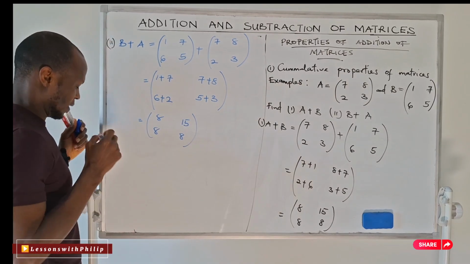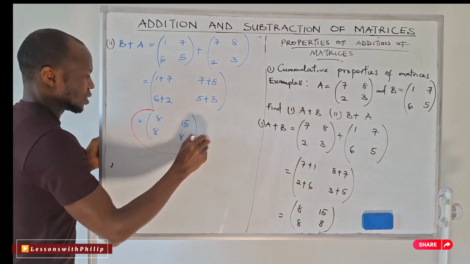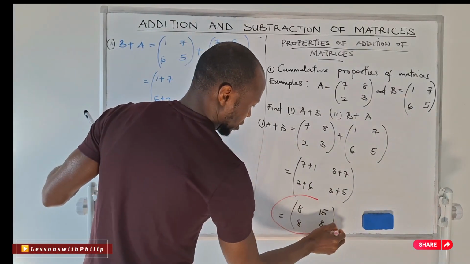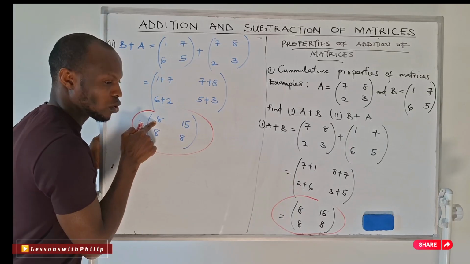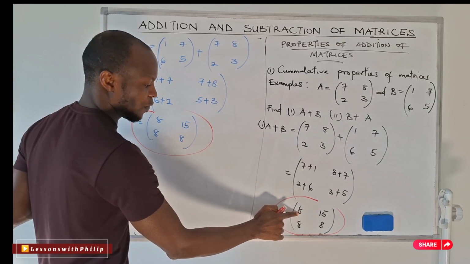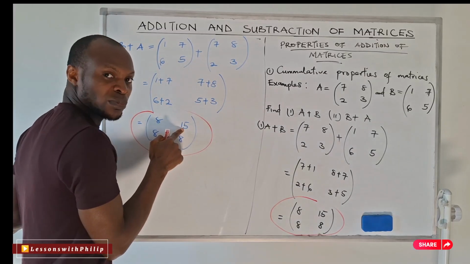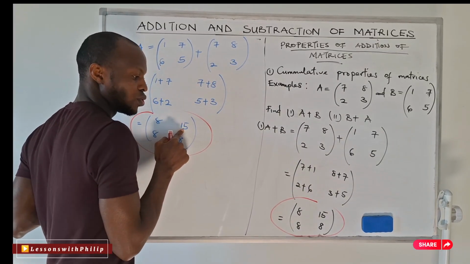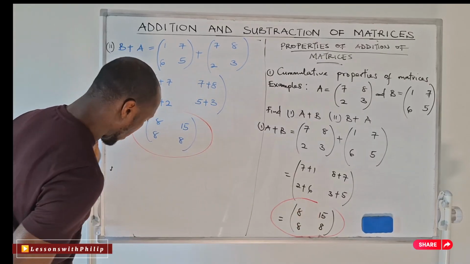If you check this matrix and this matrix, you see that the element in row 1, column 1 is the same, that is 8. Element in row 1, column 2 is 15 here.